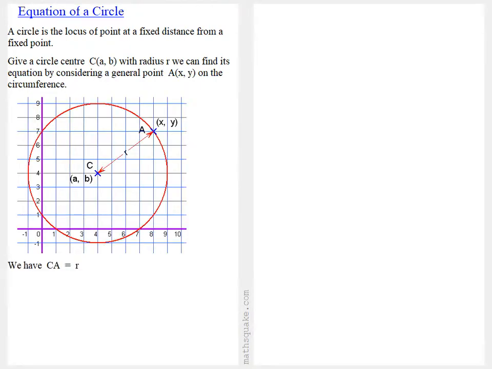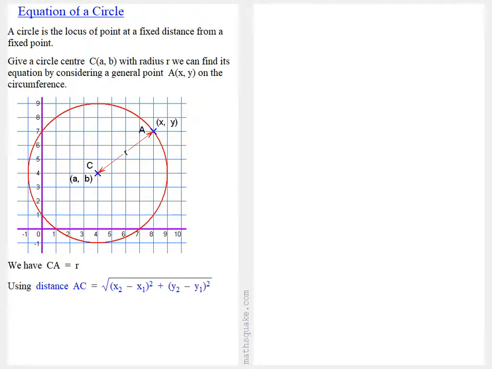Now we have that CA is equal to r. We can use the formula for finding the distance between 2 points, which is the distance is the square root of (x2 minus x1) squared plus (y2 minus y1) squared. In this case, x1 is a and y1 is b, x2 is x and y2 is y.